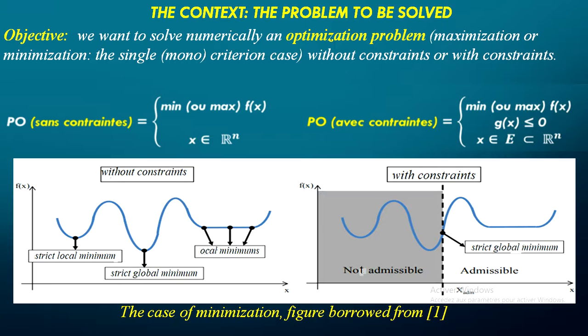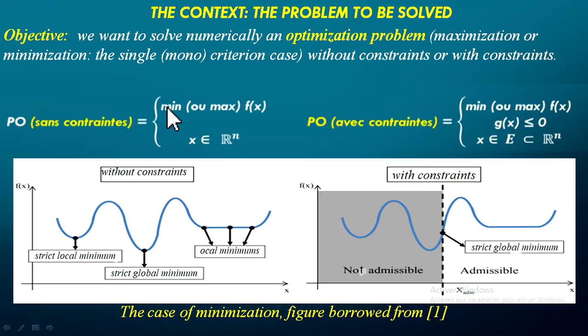This is a graphical illustration of this context. In this figure, we have the graph of the optimization problem without constraints. The blue area is the space that contains the different points of the function, which is a minimization. In this illustration, we have the minimization case.